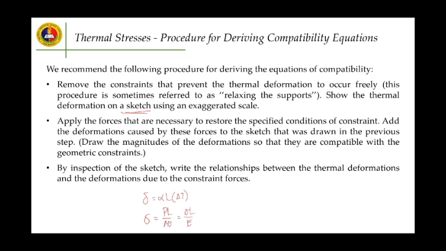So for thermal stresses, these two equations are useful, because if you notice, we're talking of the same elongation here. So if you substitute this portion to here, this becomes stress L over E is equal to alpha L change in T. Now granting that the material is uniform in length, this L cancels out.